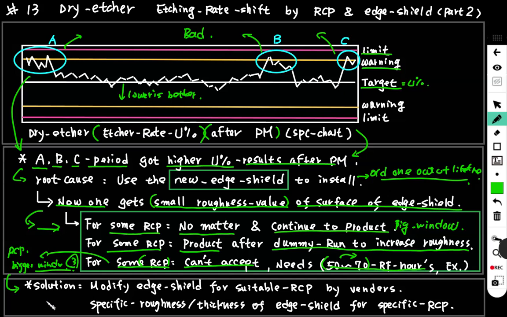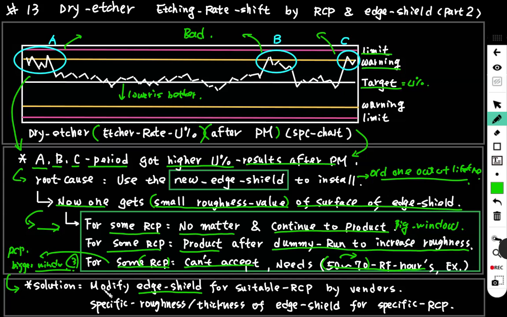Then we have some solutions, including modifying the edge shield. Why modify? Because the equipment manufacturer cannot provide a specific edge ring for our specific process needs.